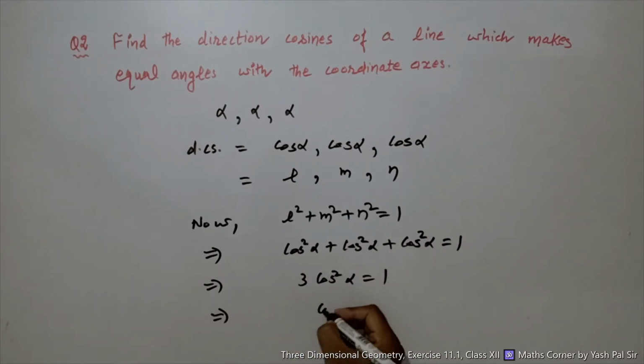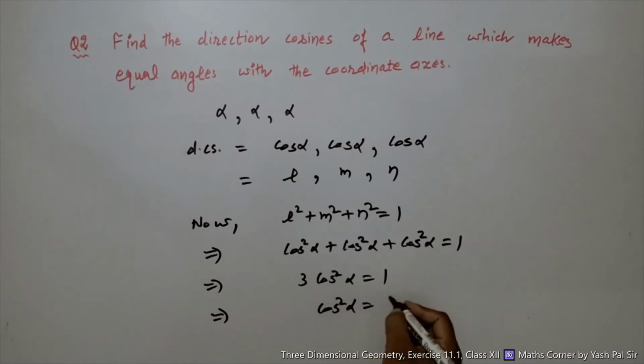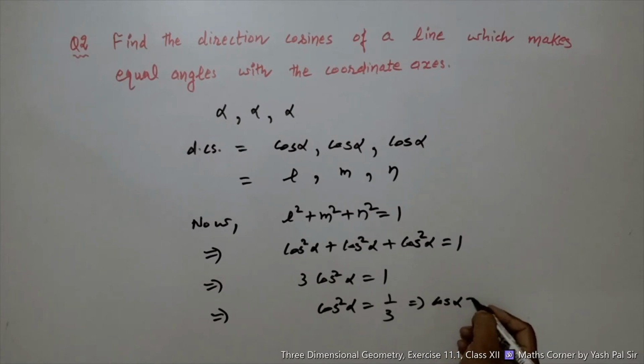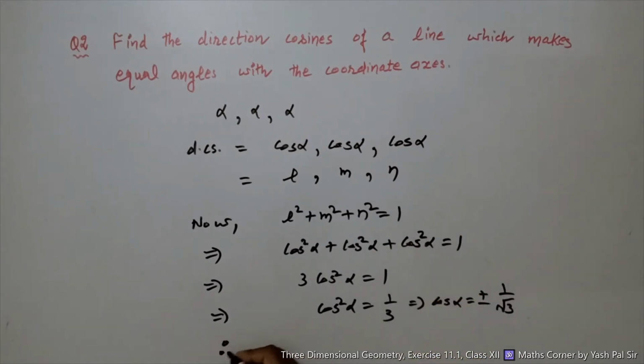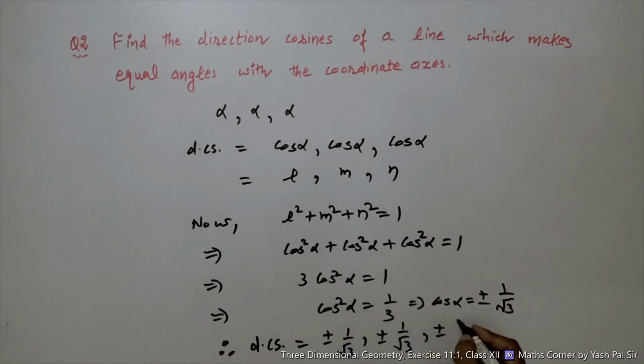So we conclude here cos square alpha is equal to 1 upon 3. That means cos of alpha is equal to plus minus 1 upon square root of 3. So what are the direction cosines? Therefore direction cosines are plus minus 1 upon square root of 3, plus minus 1 upon square root 3, plus minus 1 upon square root 3.